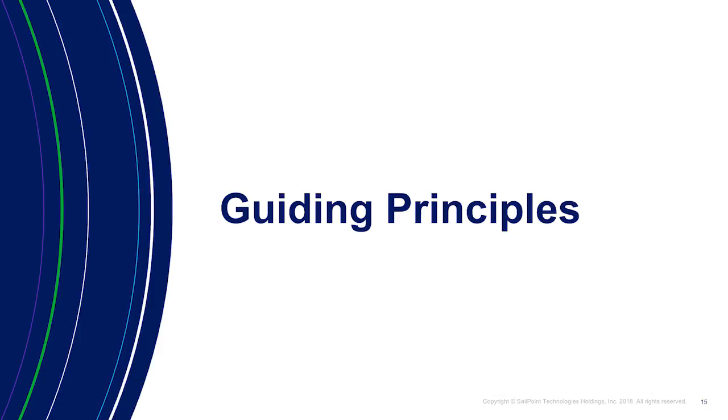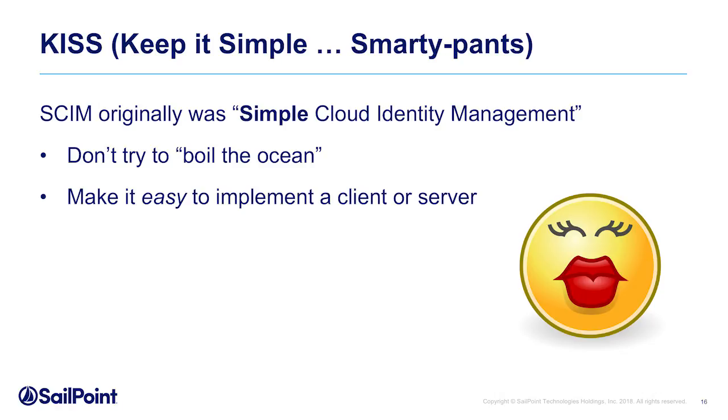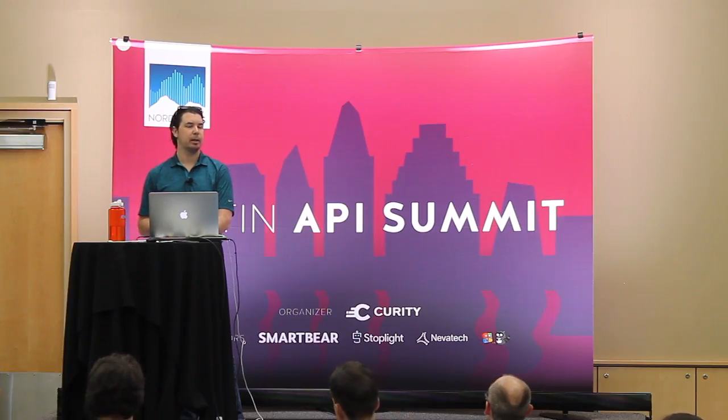And the first of which was simplicity, right? Keep it simple, fill in your S word on the end. Actually, the original name of SCIM was the Simple Cloud Identity Management. And the idea here was that if we made an API that was awesome and could slice and dice and make potatoes if we wanted to, make French fries, that's great.